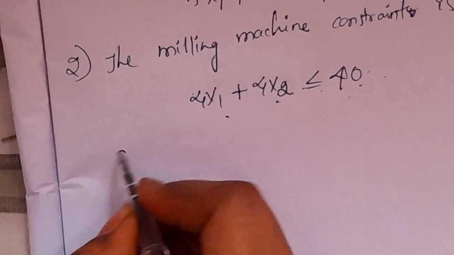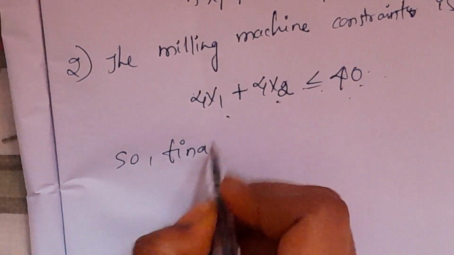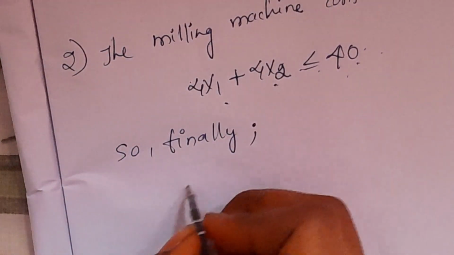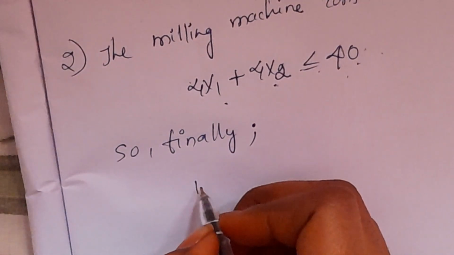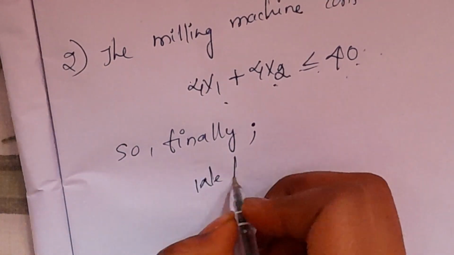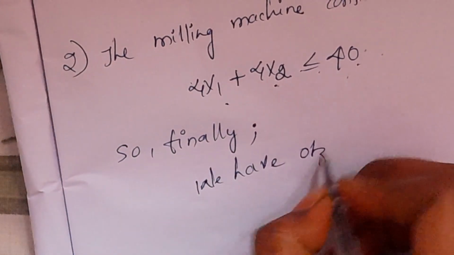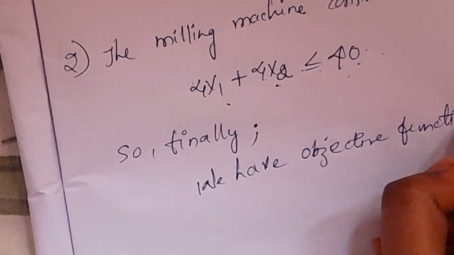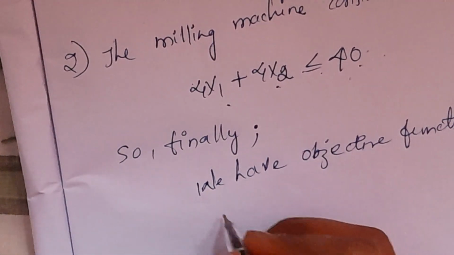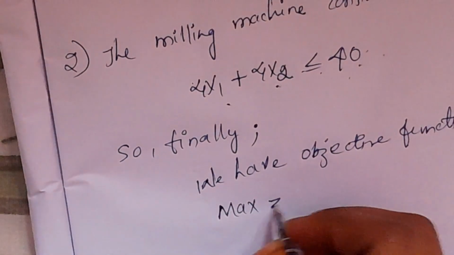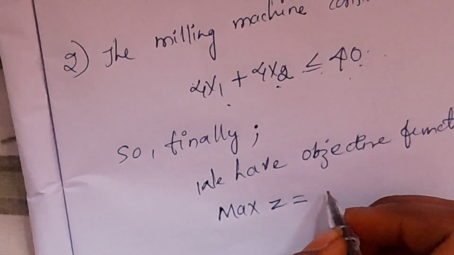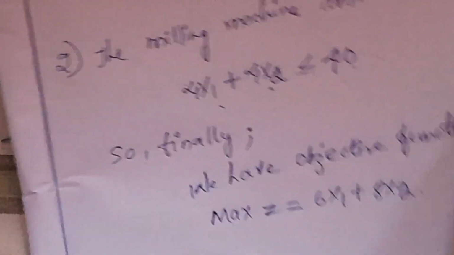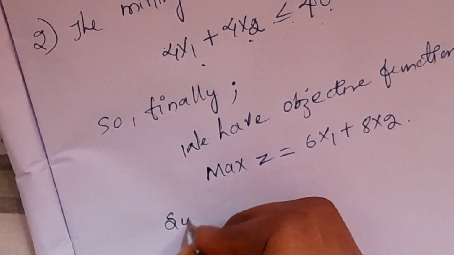So finally we have the objective function: max z equal to 6x1 plus 8x2. Okay, next we have to write the constraints as subject to.